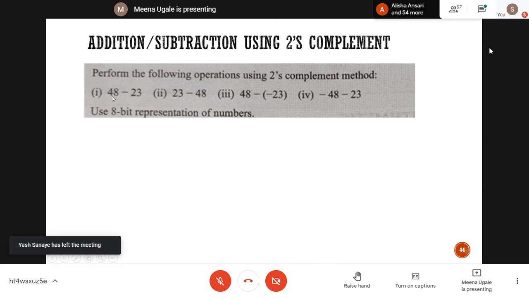Just go for the first case here, 48 minus 23. Represent 48 in binary, represent 23, it is minus 23. So take 2's complement of 23 and then add it with the binary of 48.